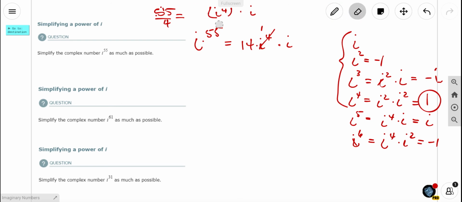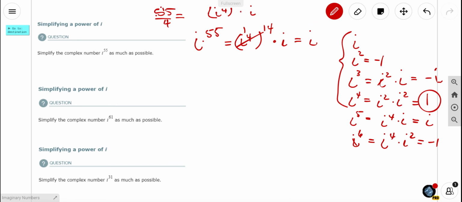What it means is that I would have i to the 4th repeating 14 times, which in notation would be i to the 4th, to the 14th, times i. Well, i to the 4th is 1, 1 to the 14th is 1, and you would just get i.